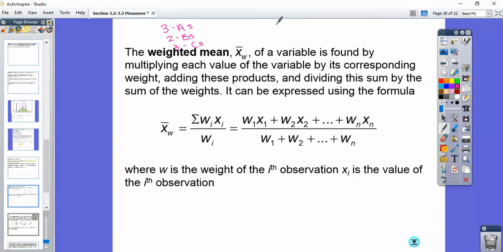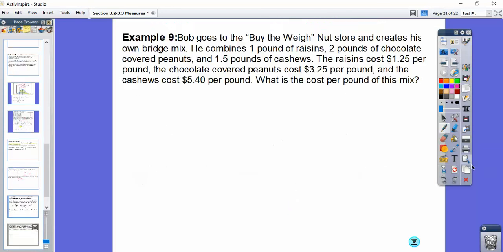So you would take your number of A's times 4, plus the number of B's times 3, plus the number of C's times 2, and then divide by the number of values we had. I had 3 A's, 2 B's, and 3 C's, so how many values did we have? 8. And so you would get your weighted average like that.